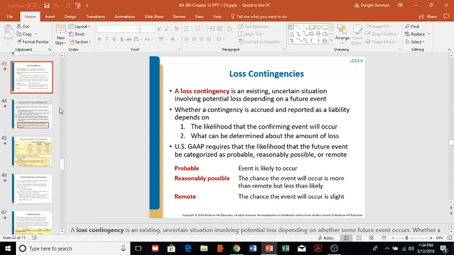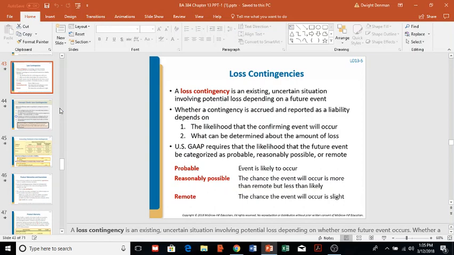And so the question is, well, do we accrue the loss contingency or not? Whether a loss contingency is accrued in the financial statements depends on two things. Number one, the likelihood that the confirming event will occur, and whether or not it can be determined the amount of the loss.